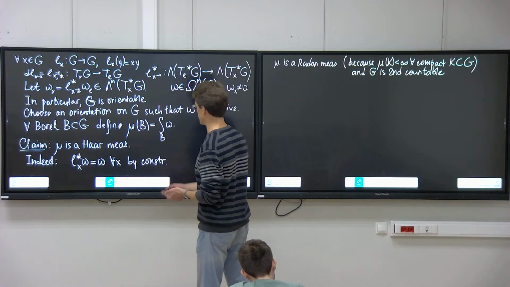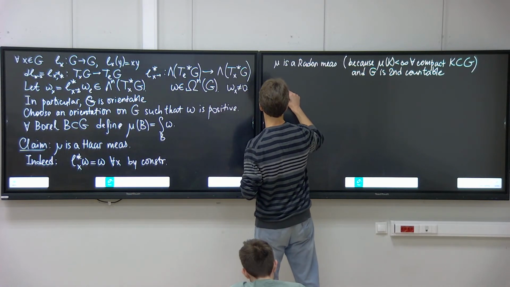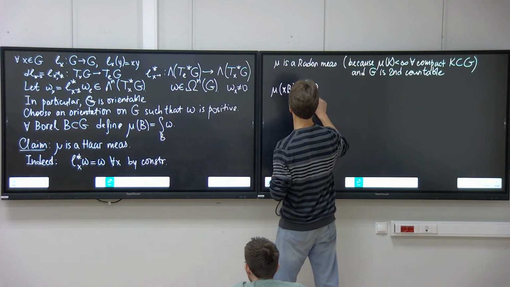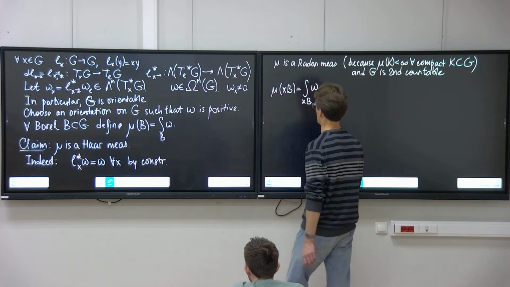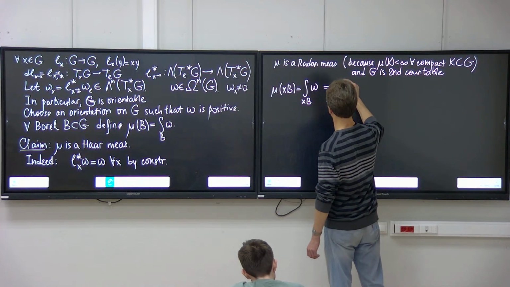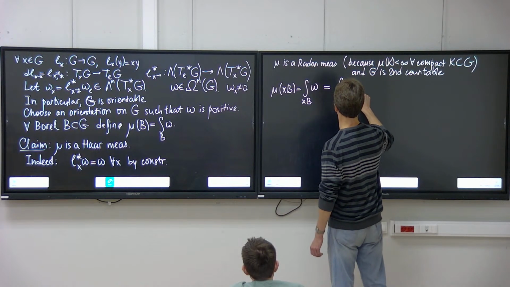Now we have to show that it is left invariant. This is a simple calculation. Mu of xB is, by definition, the integral of omega over xB. By the well-known change of variable formula for differential forms, this is equal to the integral over B of Lx star of omega.